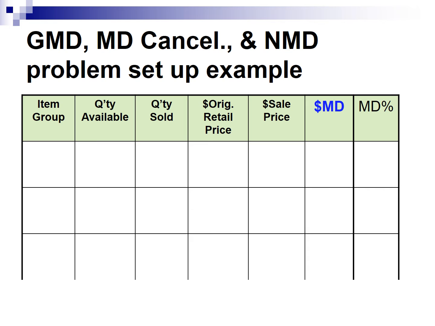So that is the column that you must have. Obviously, dollar markdown is the difference between the previous and the lower retail price. So in this case, it will be the difference between the original retail price and the actual sale price. And finally, you can have the markdown percent column if the question is giving you this information, or you could calculate markdown percent based on what's given.